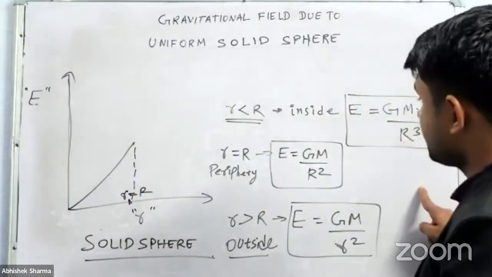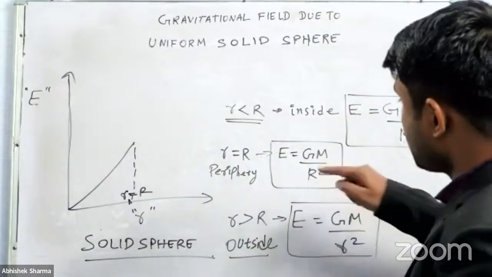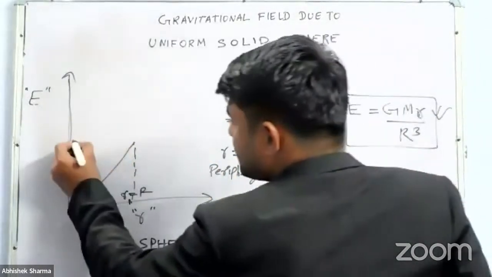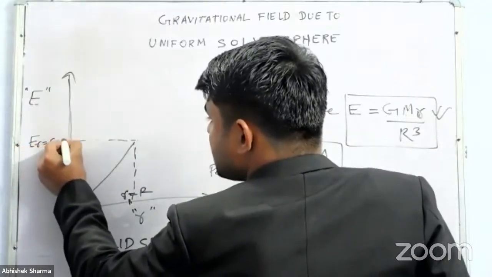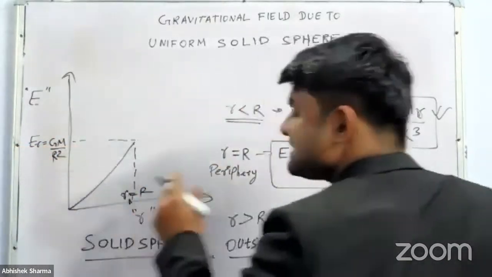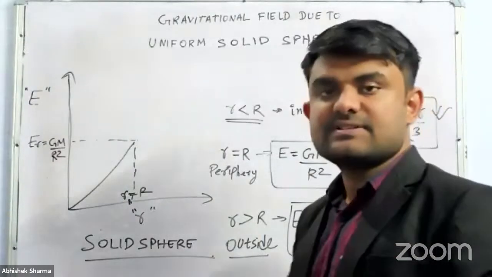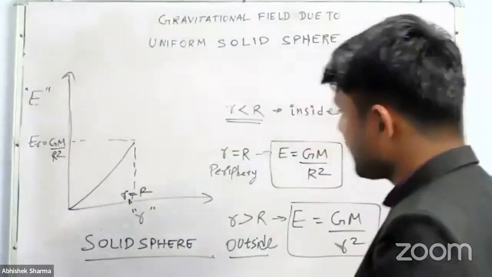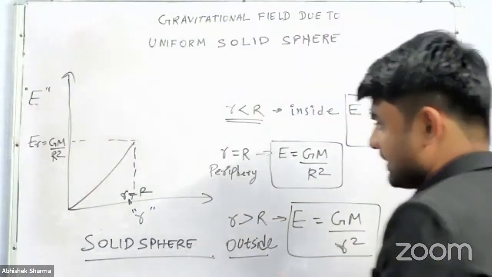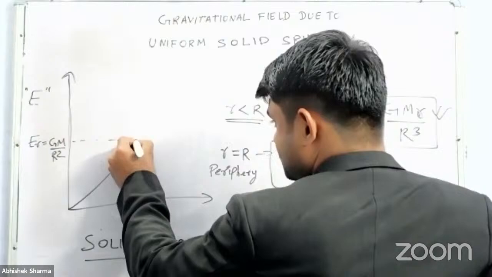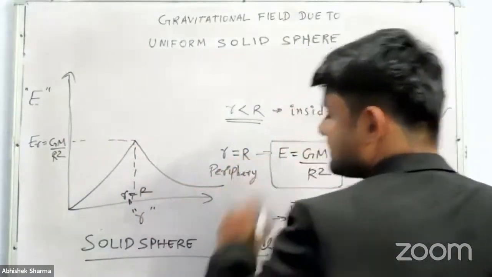After this, at R, it is a constant. Everyone knows this. This is E at R, which is equal to G M upon R square. That's the same graph as we discussed in the previous thing. So for greater than R, it's again the same line, something like this.